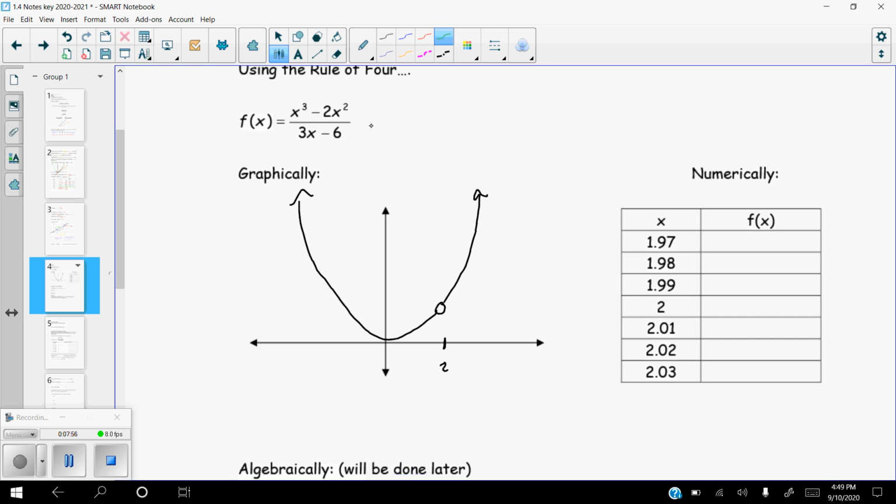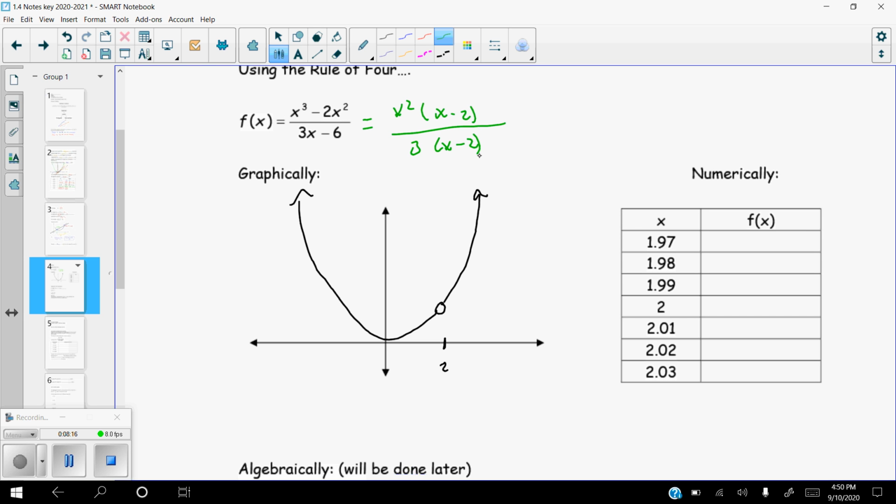But what we can do is simplify this. We can factor an x squared out of the top, which leaves us with an x minus 2. And then we can factor a 3 on the bottom, which also leaves us with an x minus 2.